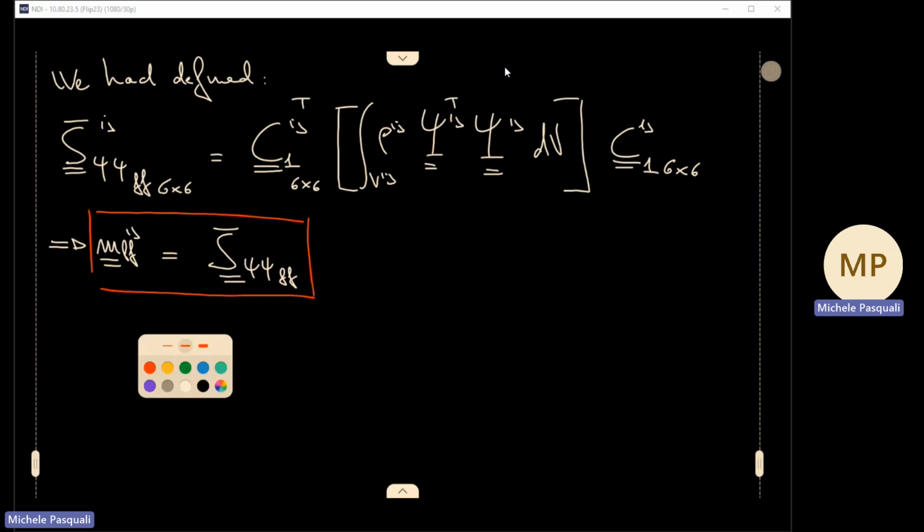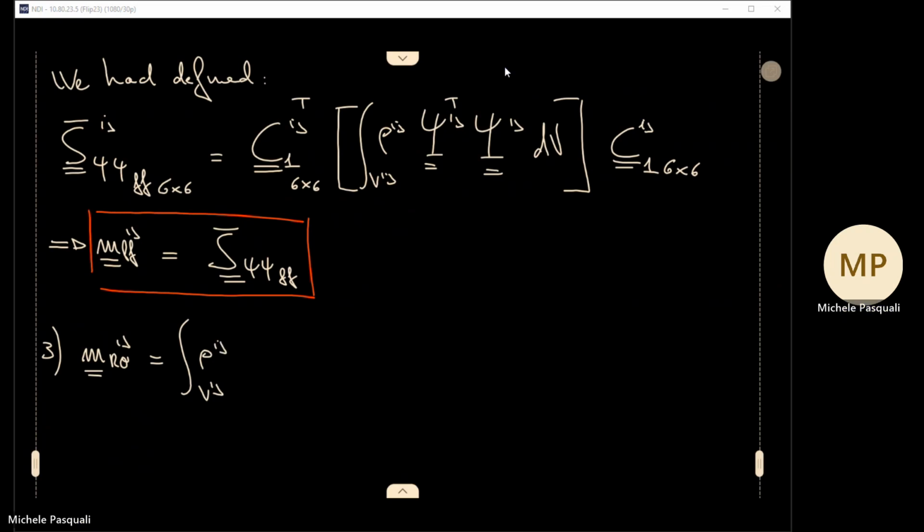Let's move on to the next one, which is MR theta Ij. Again, the integral over Vij of rho Ij A theta I R over bar ij in the V.